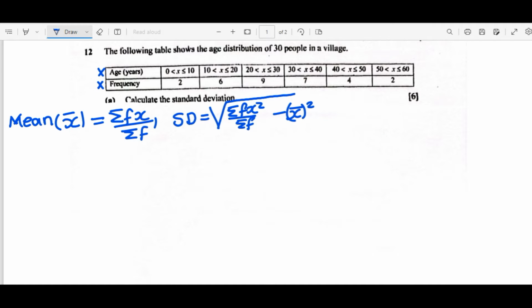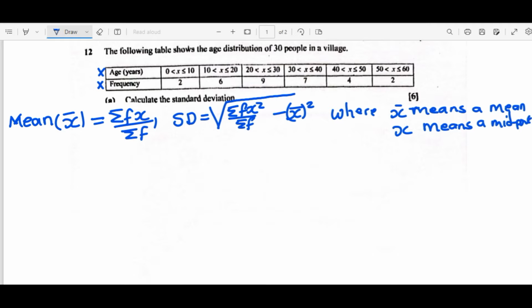From these symbols, x with a bar means the mean, then x without a bar represents a midpoint. Then small letter f means frequency. So we need to find the frequency, midpoint, and mean for us to find the standard deviation.